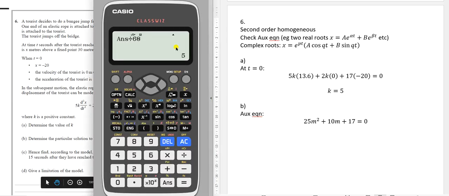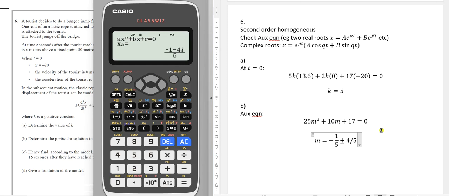And I'm expecting this to have complex roots. We can solve directly on the calculator. So we just need to put in 25, 10, and 17, minus 1 plus or minus 4i all over 5. So the roots are, I'll write it like this, minus a fifth, plus or minus 4/5 i.